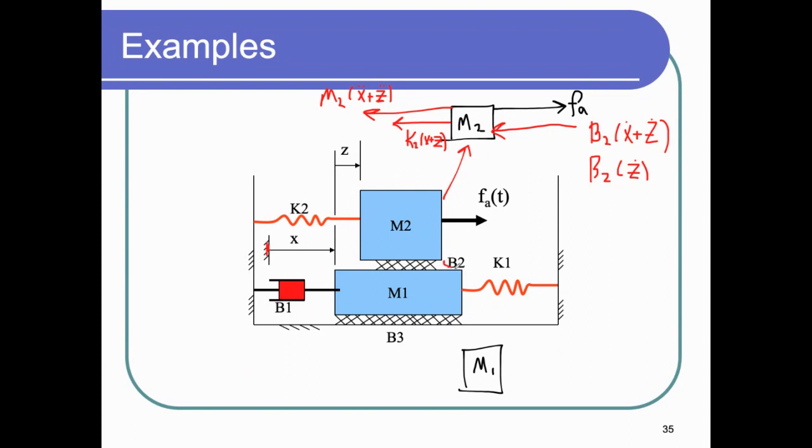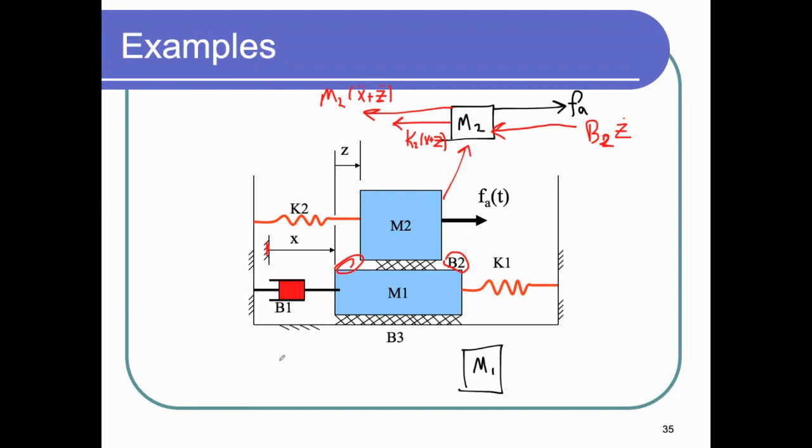But for the damper, or the friction, it is only proportional to the relative displacement, so it's just B2 z dot. We do not have x added to it. It's just B2 z dot. Is that clear?